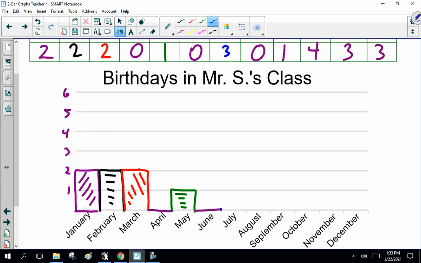So I'm just changing the colors because I can. Colors are helpful. Colors are pretty. August is 0. September.